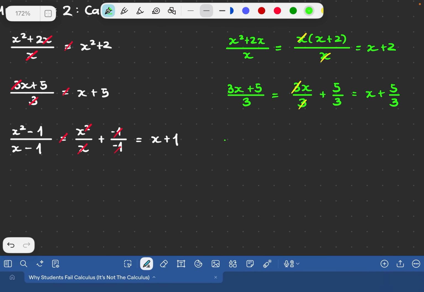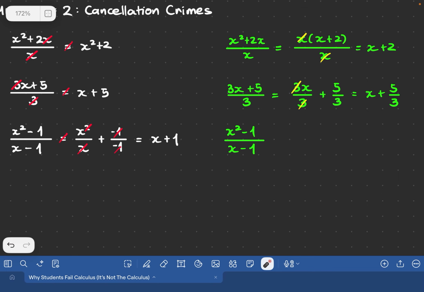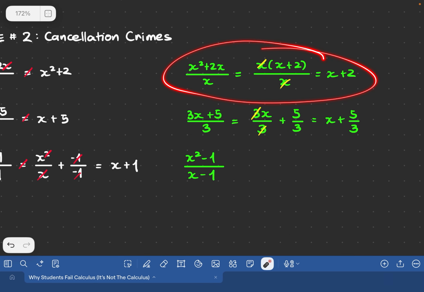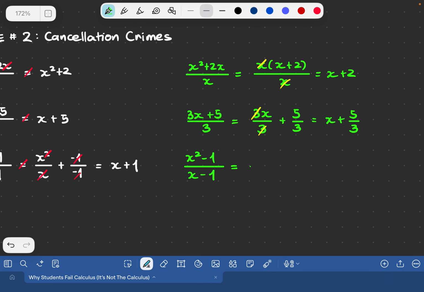So the correct way to deal with this is the following. So let's say we have here x squared minus 1 over x minus 1. The correct way to deal with this is to apply a similar trick here a while ago. And that is to split this one as x minus 1 times x plus 1.